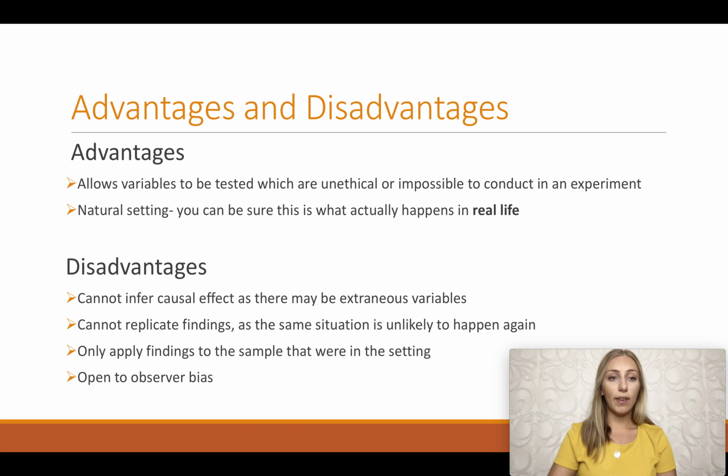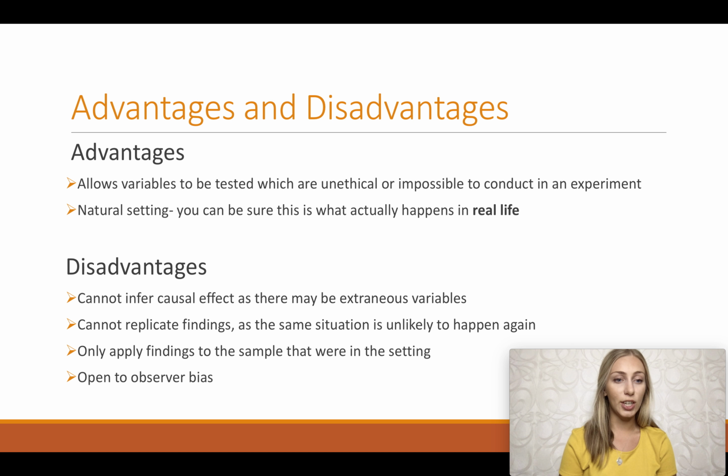Okay, so its advantages and disadvantages. The advantages are that it allows variables to be tested which aren't ethical or are impossible to conduct, which I explained previously. It also is conducted in a natural setting, so within this design, you can say that this is actually what would happen in a real life situation.